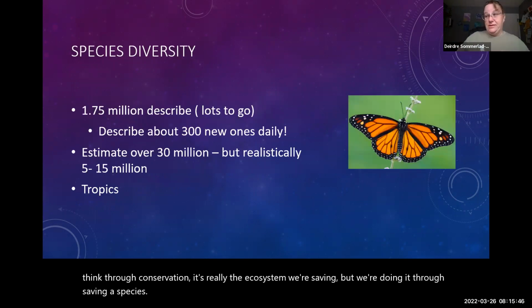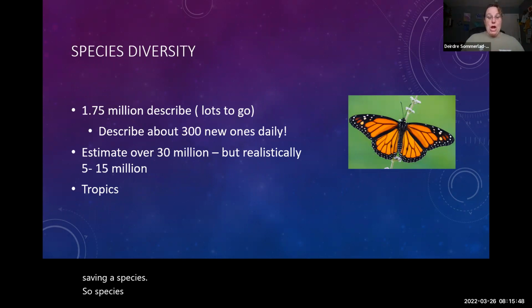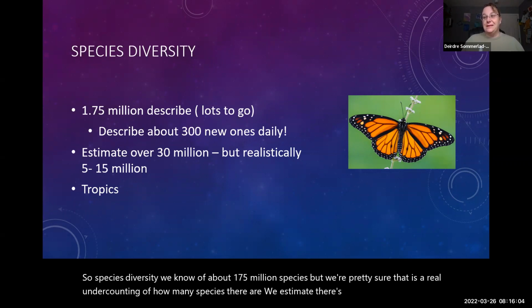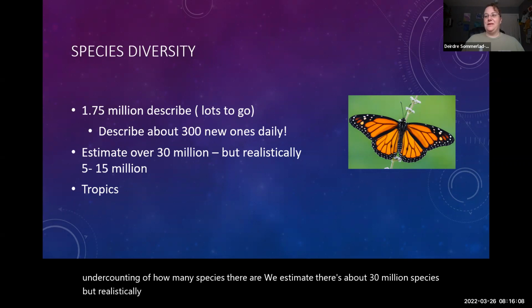So species diversity: we know of about 1.75 million species, but we're pretty sure that is a real undercounting of how many species there are. We estimate there's about 30 million species, but realistically, it's probably 5 to 15 million.